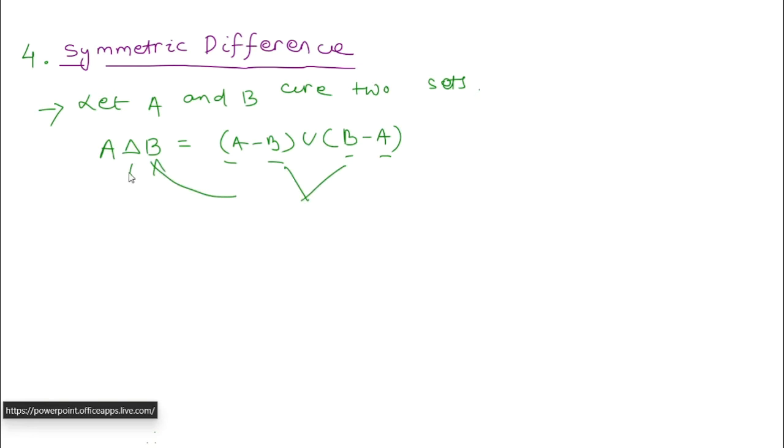This triangular symbol represents the symmetric difference. How can we represent it in set builder form?